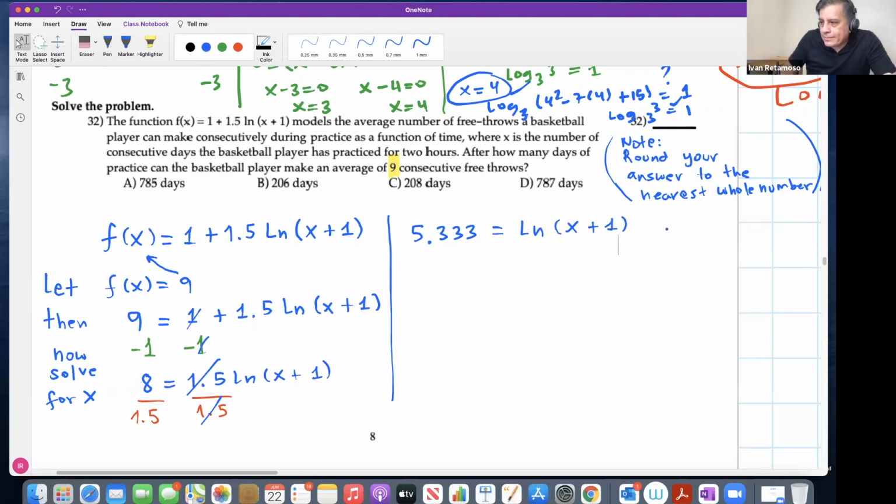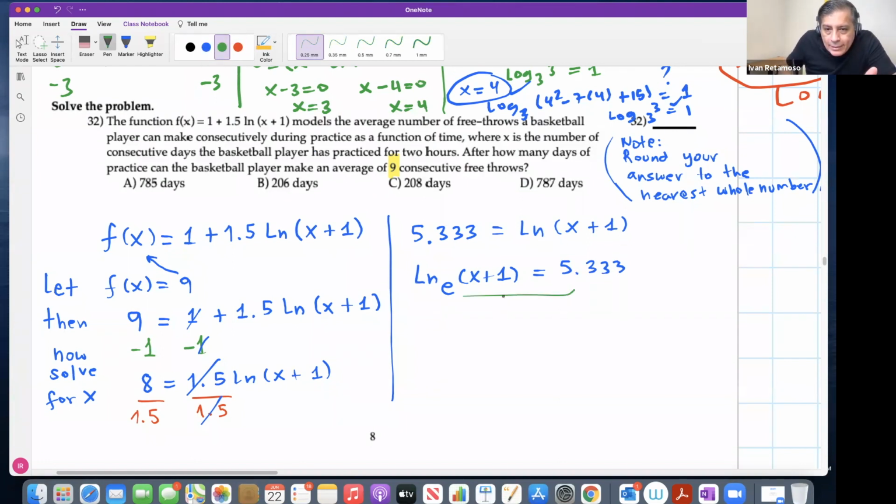Then what's next? Notice that here I'm saying that log base e of x plus 1 is equal to 5.333, right? Now, why do you say base e, Professor? Because when you don't see the base next to ln, it means that the base is e, the Euler number, right? It's a mathematical agreement.